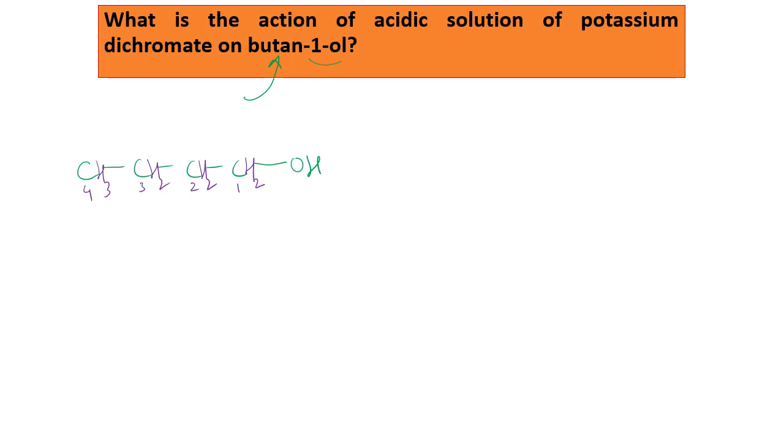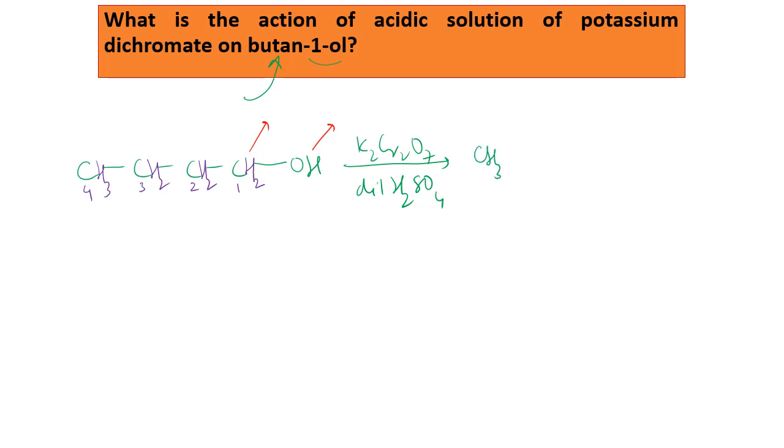Okay, and when we are putting acidified potassium dichromate, K2Cr2O7 in the presence of sulfuric acid, then you know what you're supposed to do by this time. You will remove a hydrogen from OH and another hydrogen from the neighboring carbon, and then you will complete the equation.